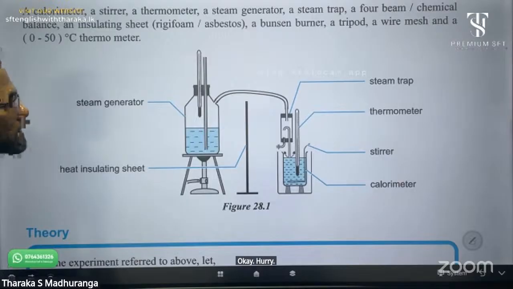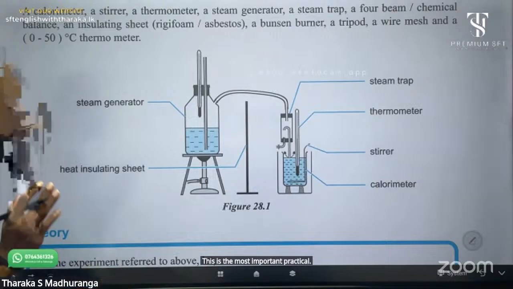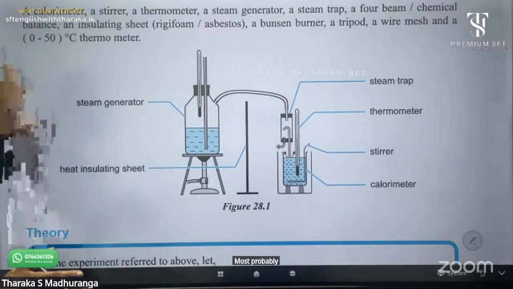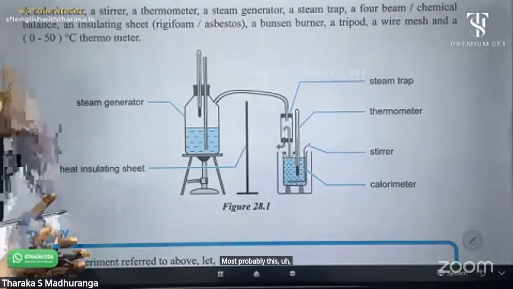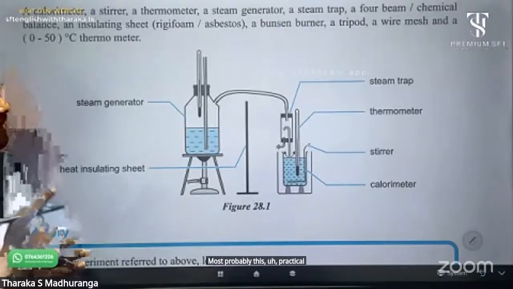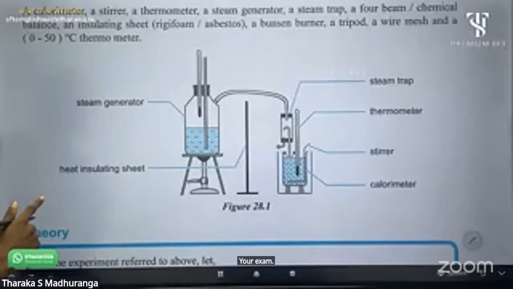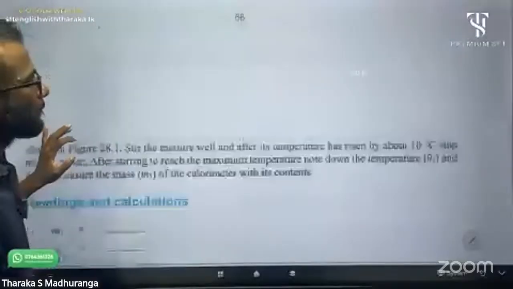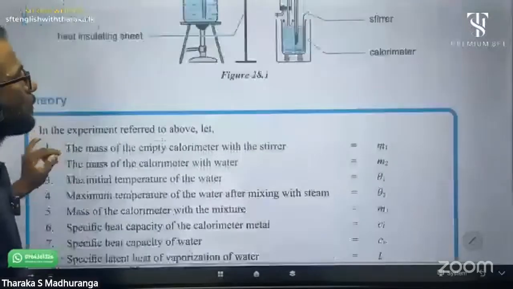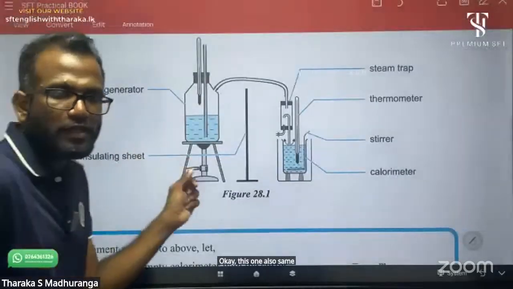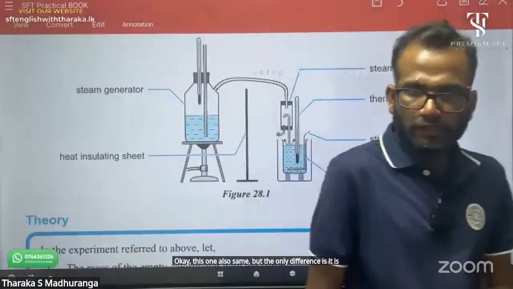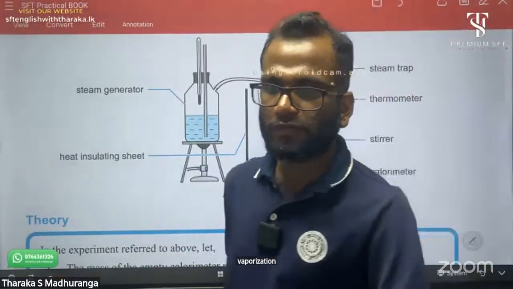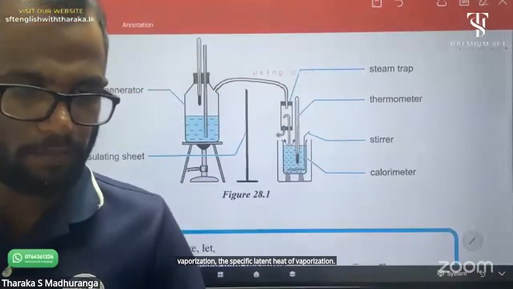Most probably this practical will be your exam practical question. Okay, this one is also the same, but the only difference is it is vaporization. The specific latent heat of vaporization.